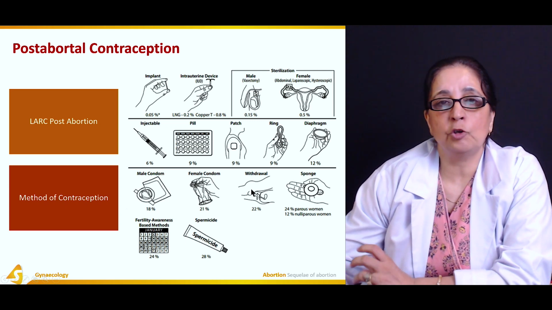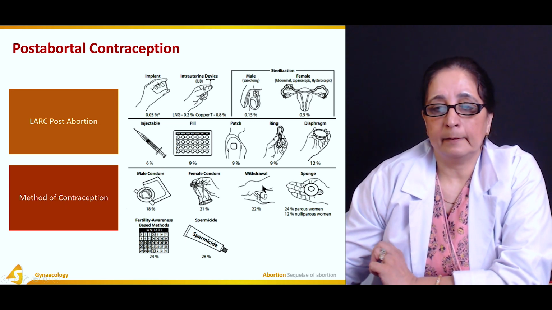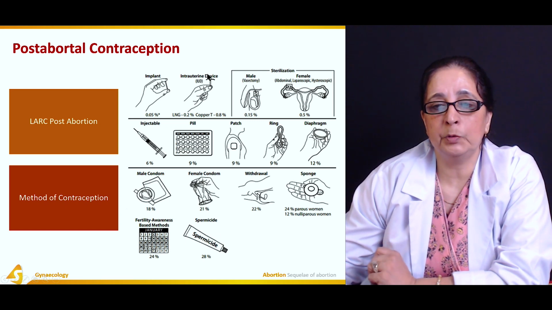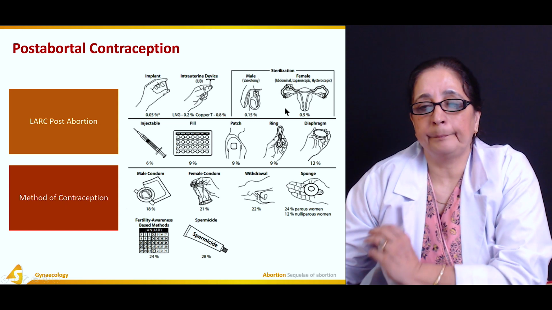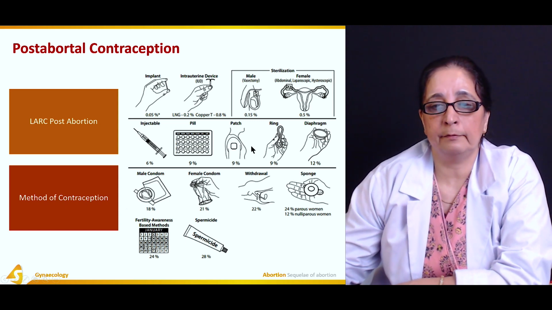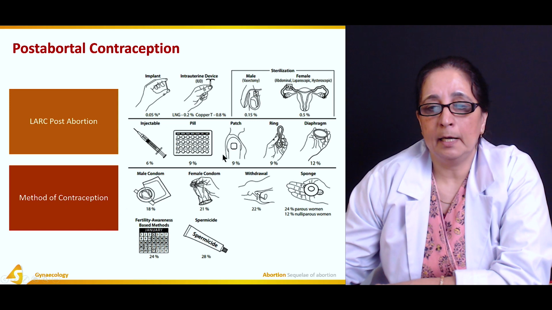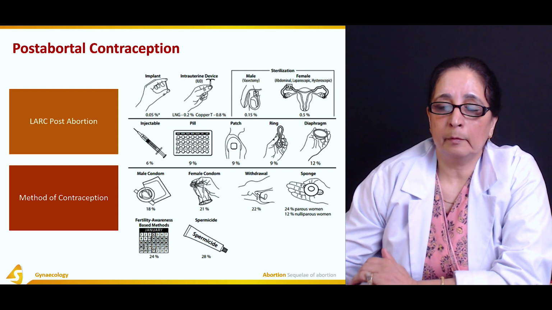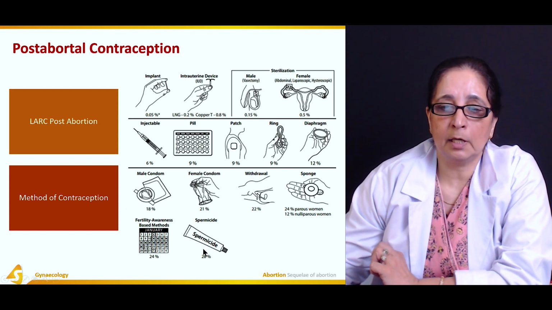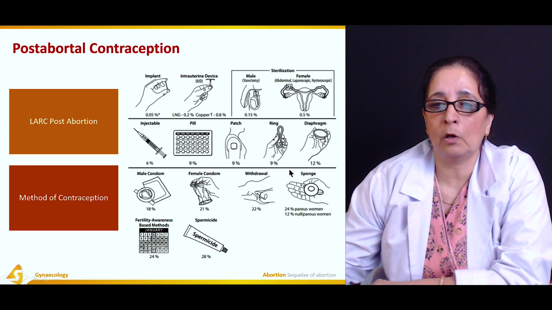Then there is the withdrawal method, and spermicides are usually used along with IUDs and other barrier methods of contraceptives. In the barrier methods, there are the ring and the diaphragm, and spermicides are used along with barrier methods of contraception.